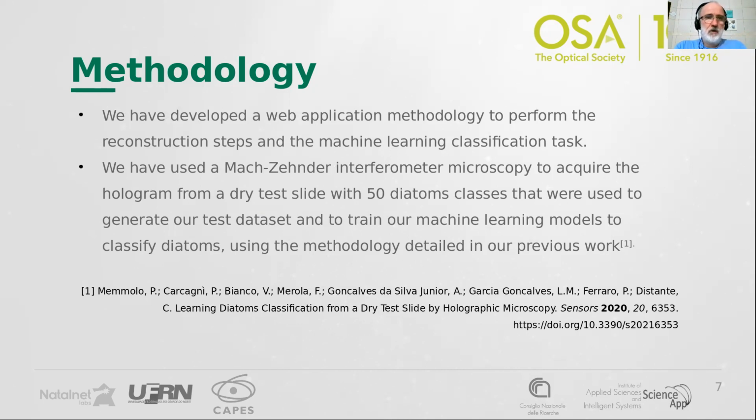For the acquisition, we have used the Mach-Zehnder interferometry microscopy to acquire the holograms from a dry test slide with 50 diatom classes that were used, all of them, to generate our data sets. So since we have this data set, we can go to the machine learning part.